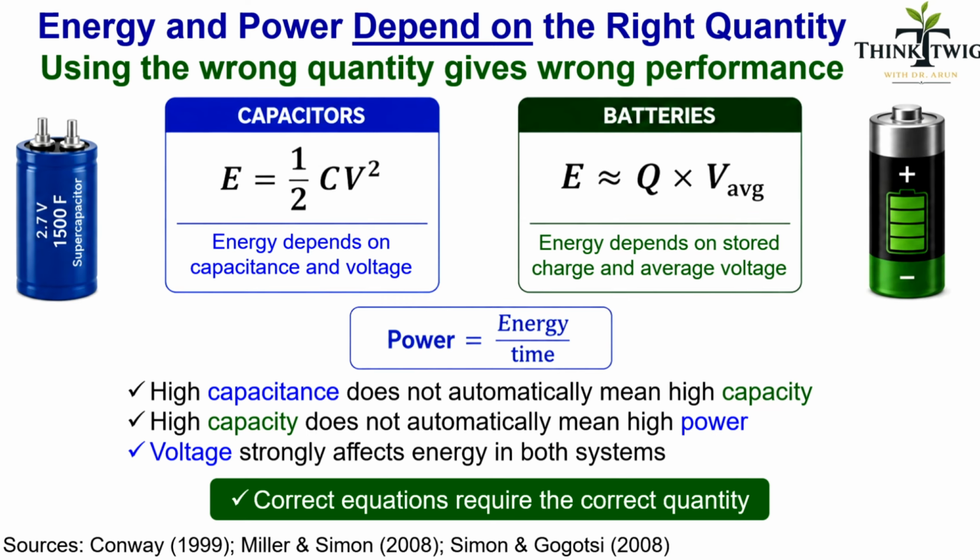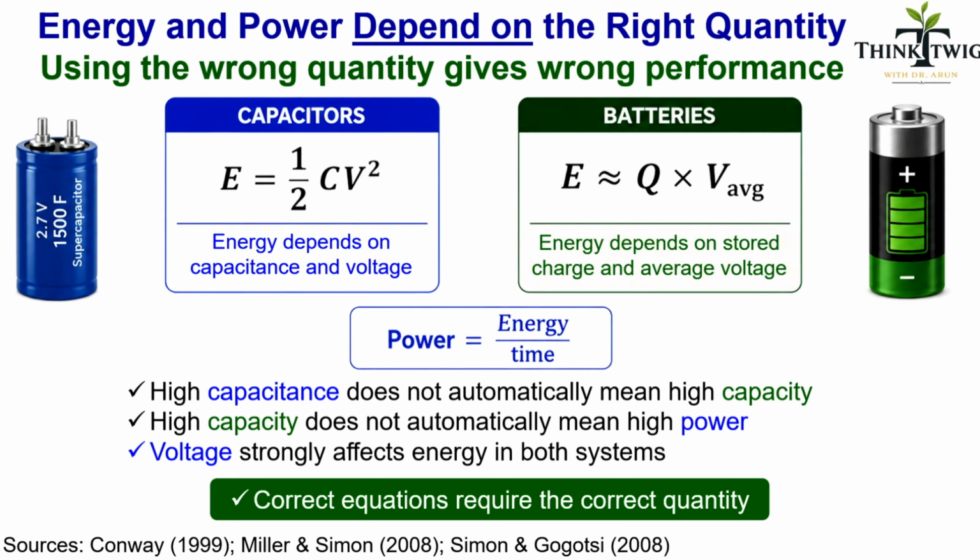Now move to the battery side. For a battery, the energy can be written in a simple form as energy is approximately equal to stored charge multiplied by average voltage. So battery energy depends on how much charge is available and the voltage at which that charge is delivered.